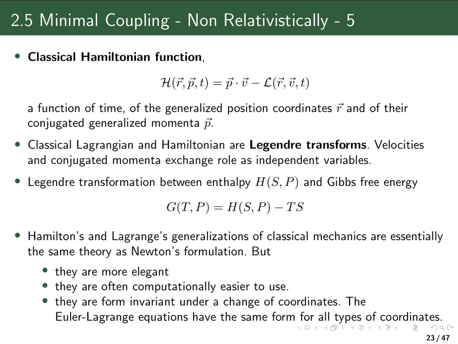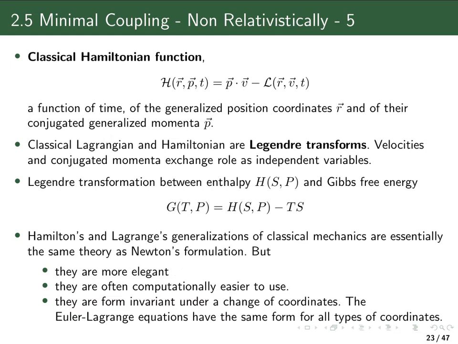Now you might ask yourself, why do we have these two alternative formulations of classical mechanics, the one with the Euler-Lagrange equations and now this one with the Hamilton function, if they are essentially the same theory as Newton's formulation? Well, you can see I write here the Lagrange generalization and Hamilton's formulation are more elegant.